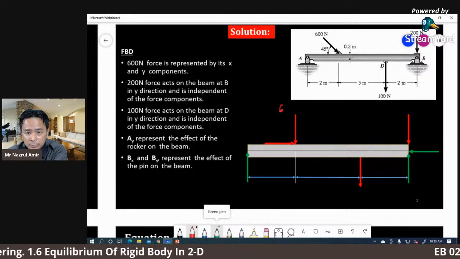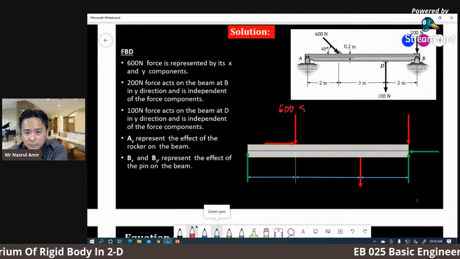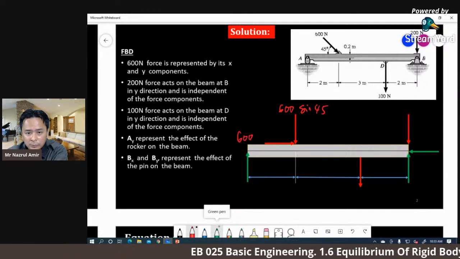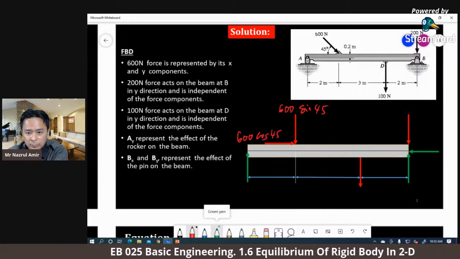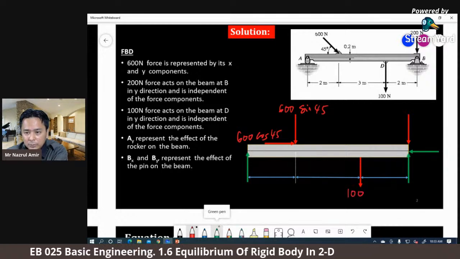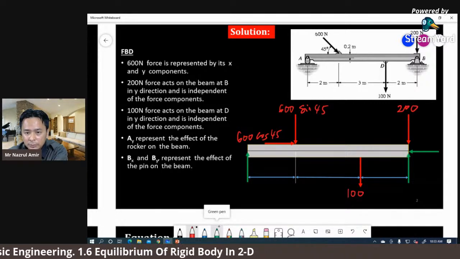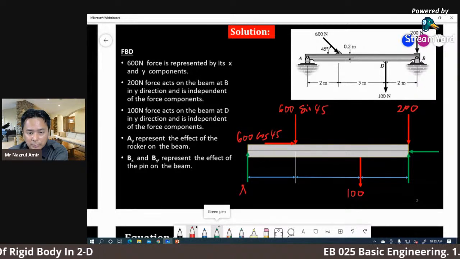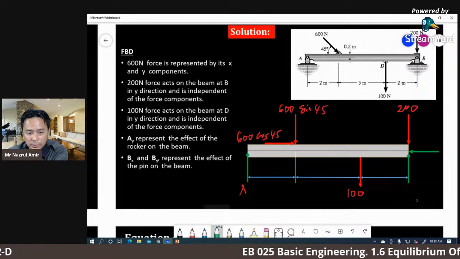So here is 600 sin 45, 600 cos 45, 100, 200, and then the reaction here is AY. I will use the same color as the force.